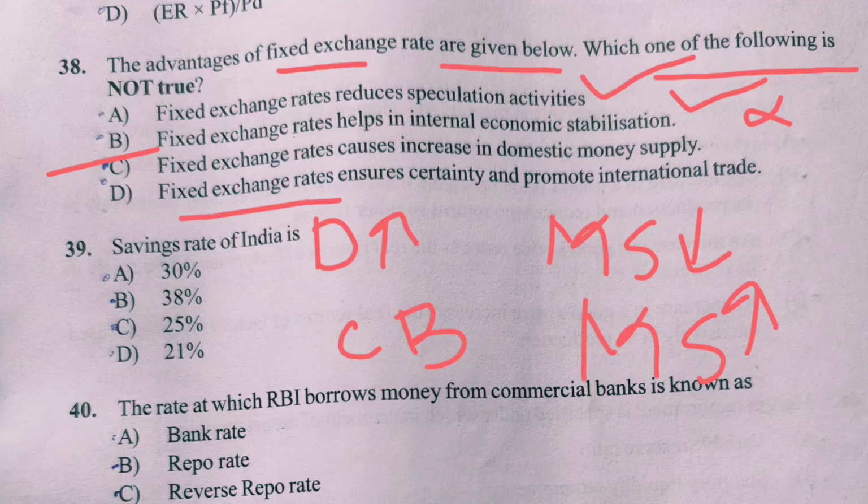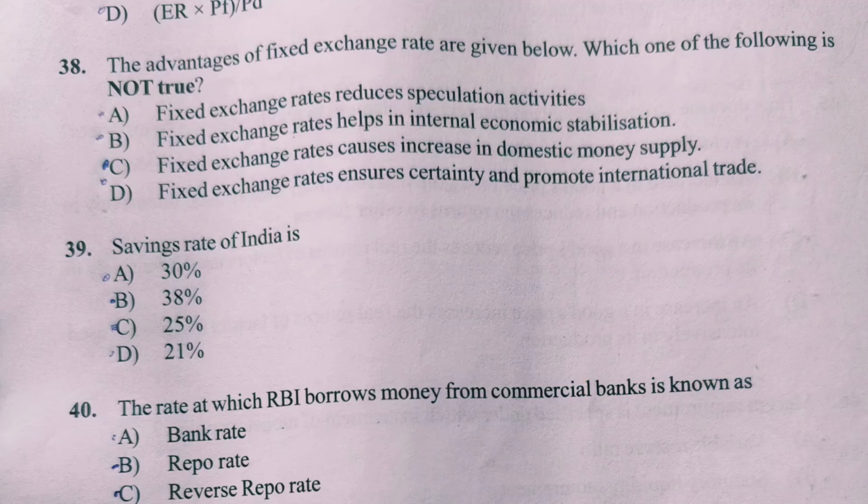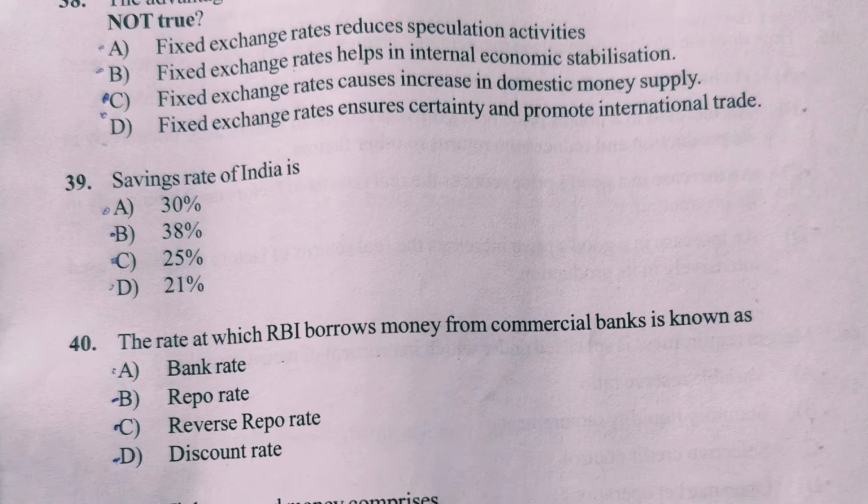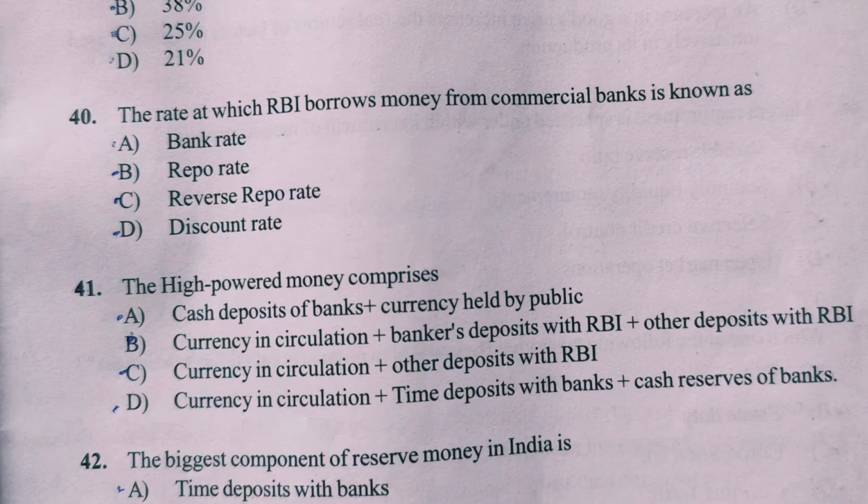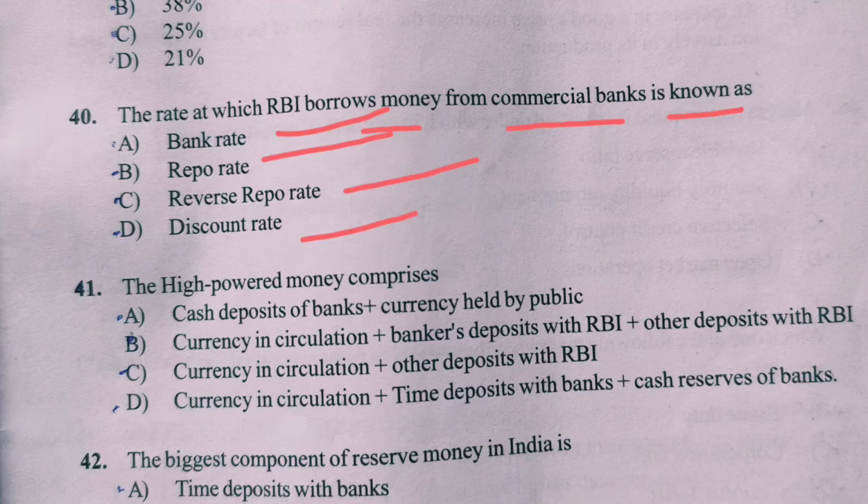Fixed exchange rates ensure certainty and promote international trade. Yes, that is correct. Then we have savings rate in India is 38%. Next question is, the rate at which RBI borrows money from commercial banks is known as bank rate, repo rate, reverse repo rate, or discount rate. It is straightforward. It is the reverse repo rate when RBI borrows from commercial banks.